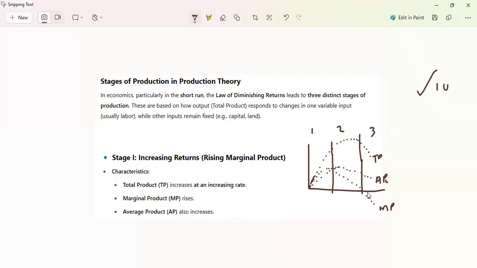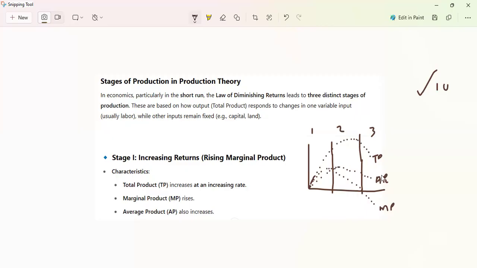In stage 3, it reaches negative because any extra input will reduce the total output. So the marginal product is maximum when the total product begins to rise rapidly. Then when the marginal product crosses 0 here, this is when total product is at its maximum point.